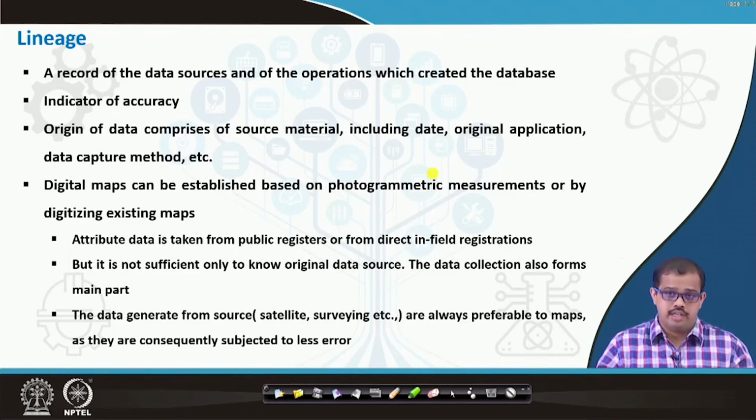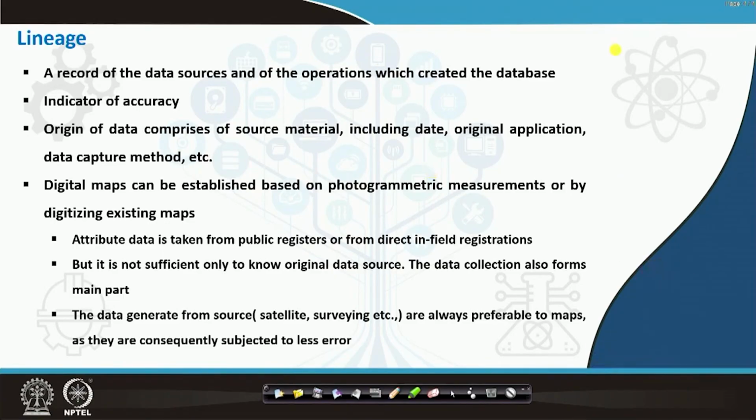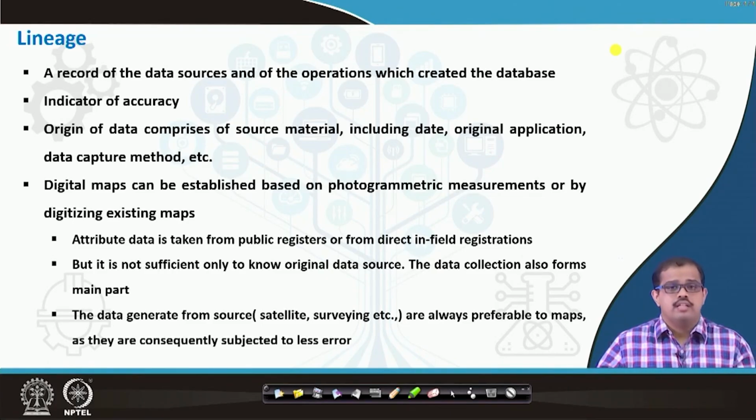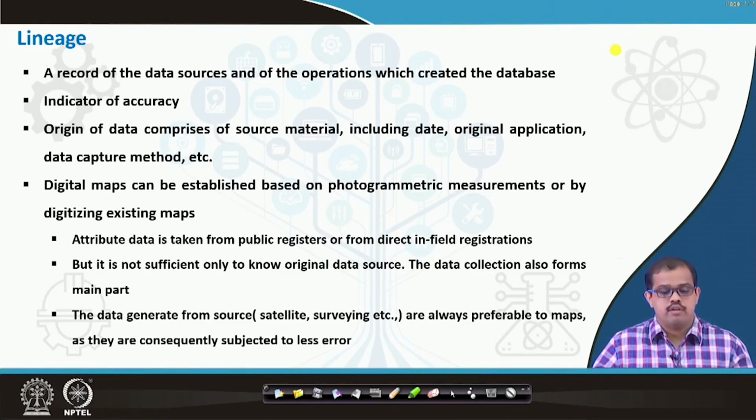How accurate is your data? If your data is completely old without updation, and you are trying to find out today's scenario of maybe growth, you will not be able to understand it because your data would not give you the exact point in that particular map. Then origin of data comprises source materials including date, original application, data capture method.